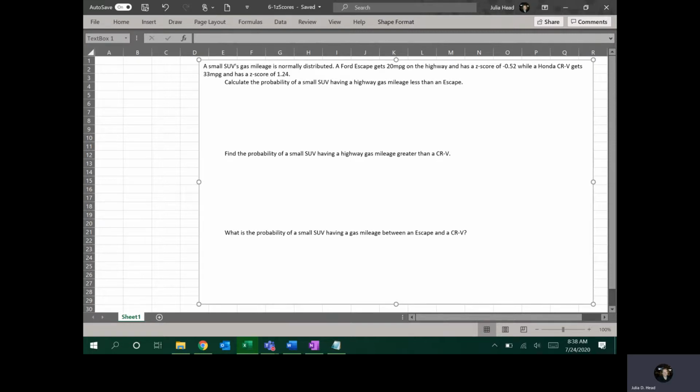So again, for all three of these, we're going to draw a picture. And in this case, we're looking for a probability, so it's probably going to be a dist question, that gas mileage is less than an Escape. And an Escape has a z-score of negative 0.52, which would be about there. And it says less than, so we'll shade to the left.